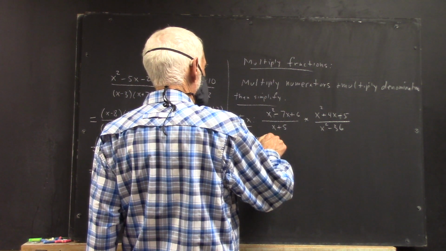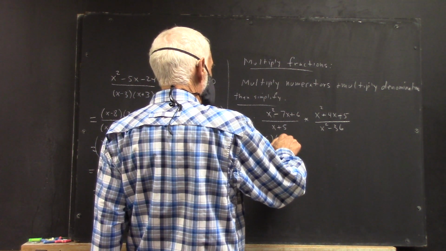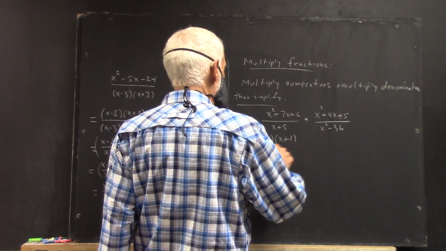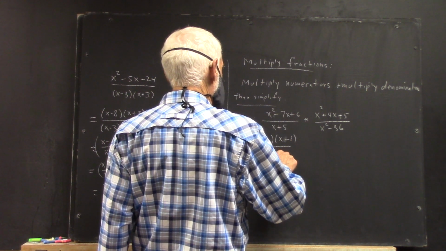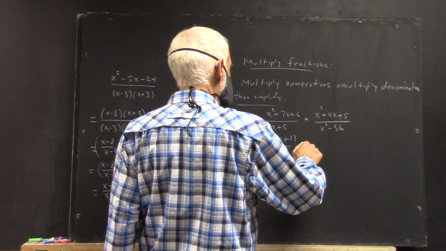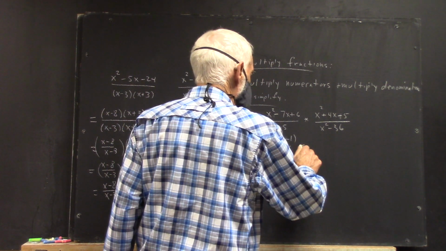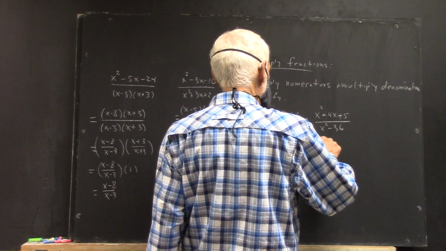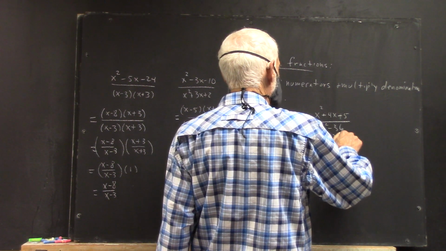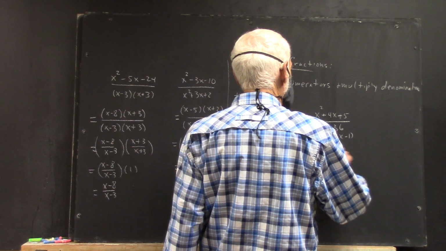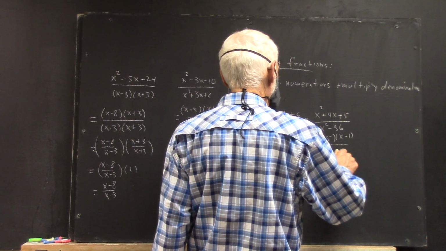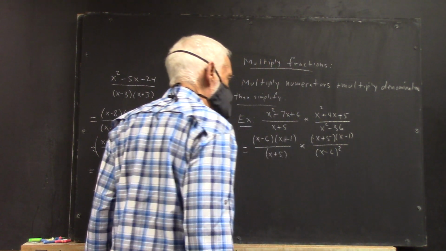Numerator here is x minus 6 times x minus 1. And now you've got an x plus 5 multiplied by x plus 5 times x minus 1 over x minus 6 quantity squared.